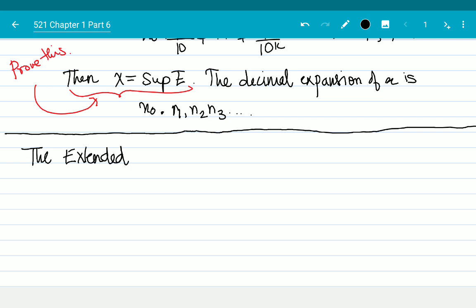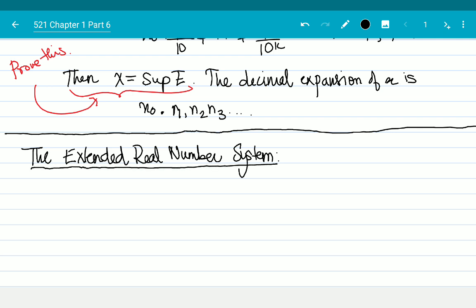The extended real number system. So what is the extended real number system? Well, definition.